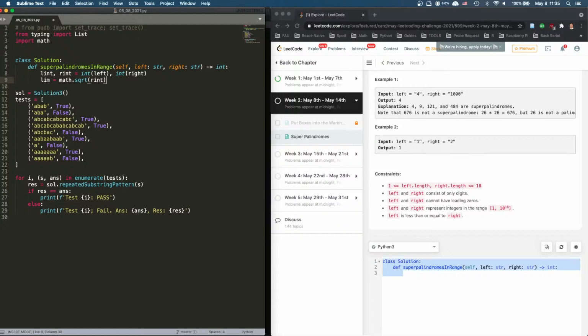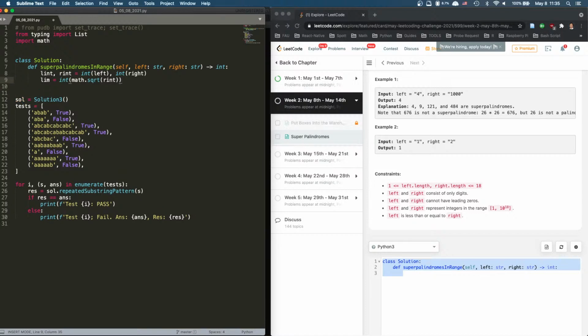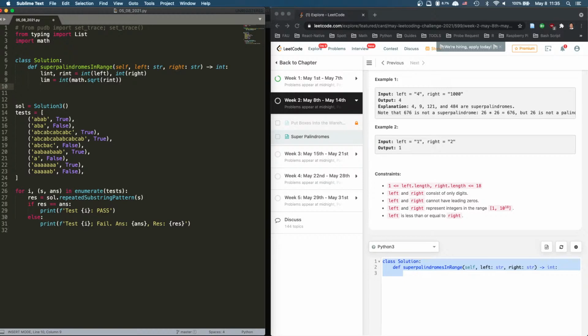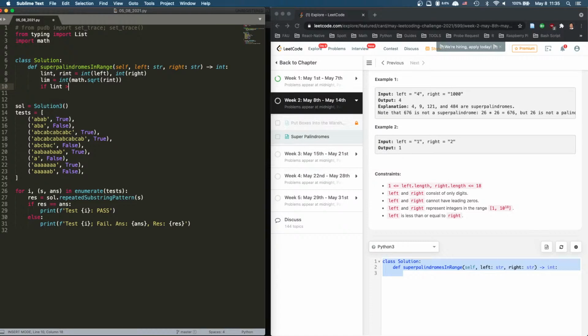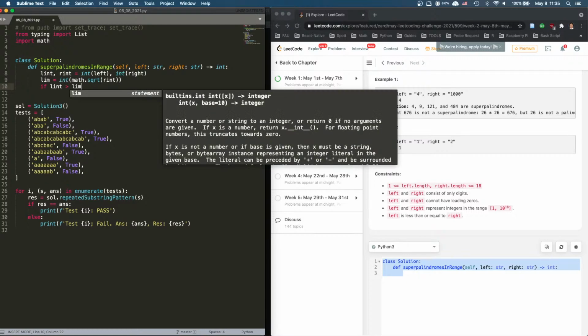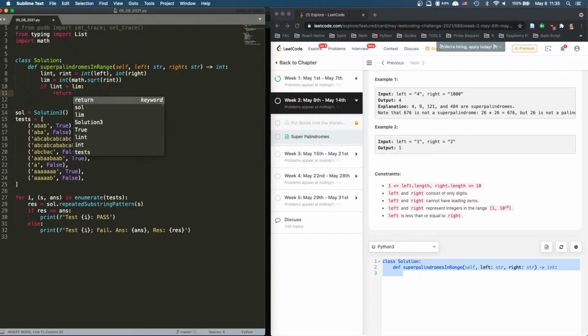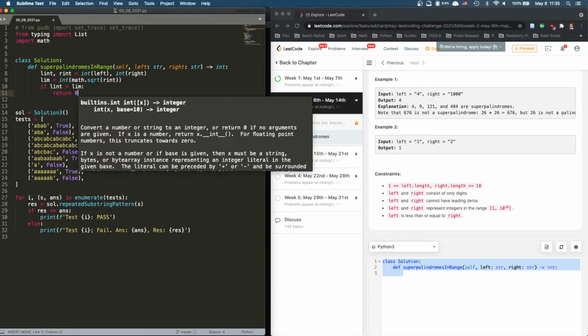So we're gonna int it. I don't have the plus 1, just int it, right? So this is the limit. Cannot be larger than this, right? So we can say if left integer is larger than the limit, then return 0 because it's impossible, right?